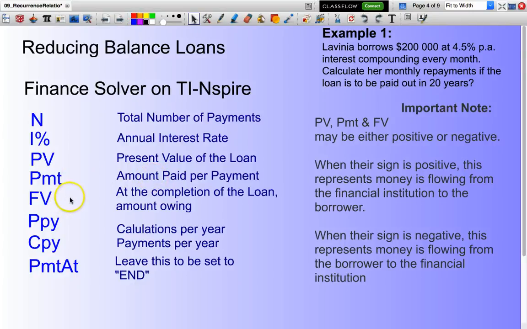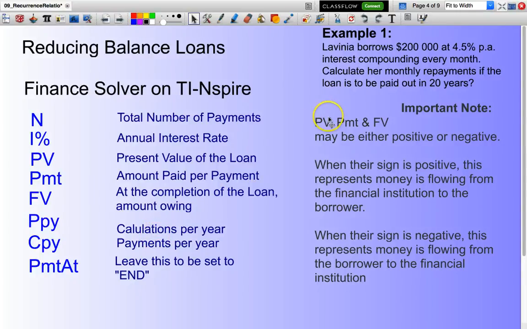Future value is, at the end of my loan, how much is still outstanding to pay? Typically with a reducing balance loan, that will be 0, but it does not have to be 0. And the number of calculations made and the number of payments made per year are actually tied together. We normally just have the one value for both of those.